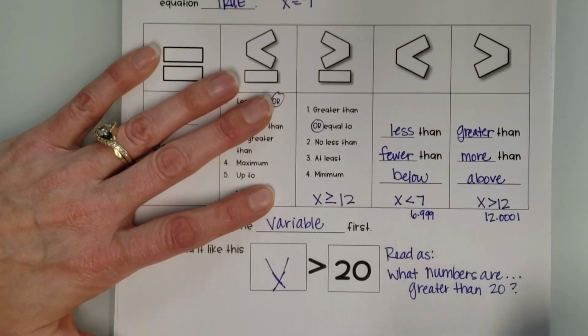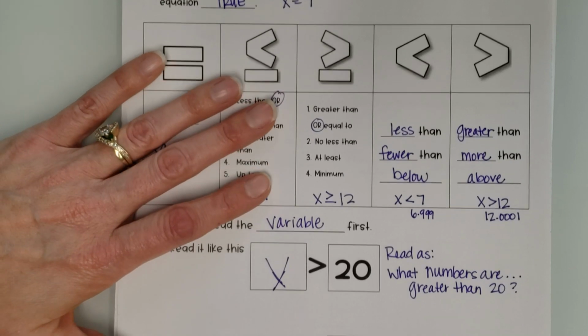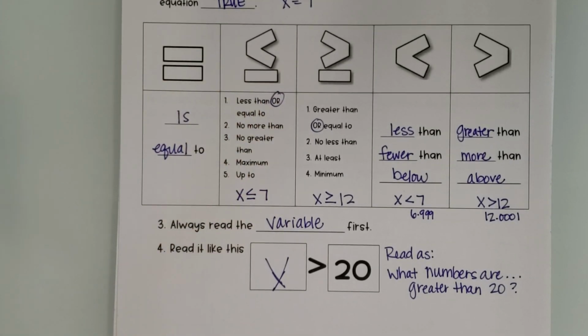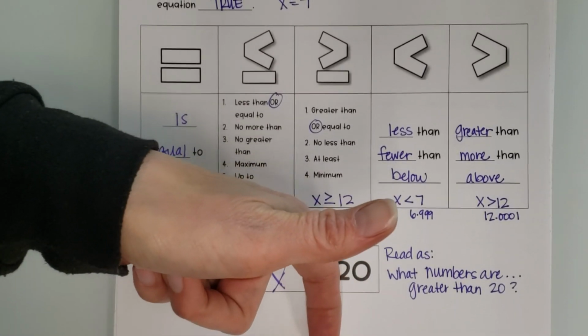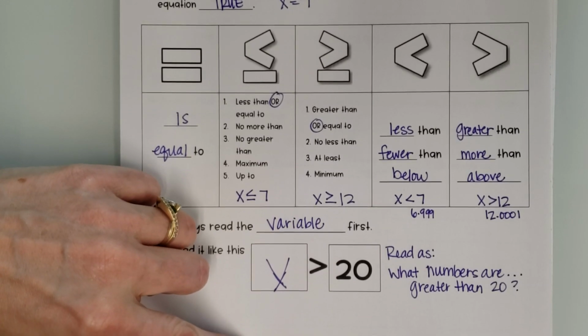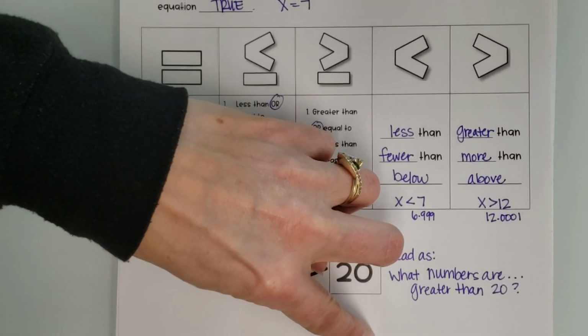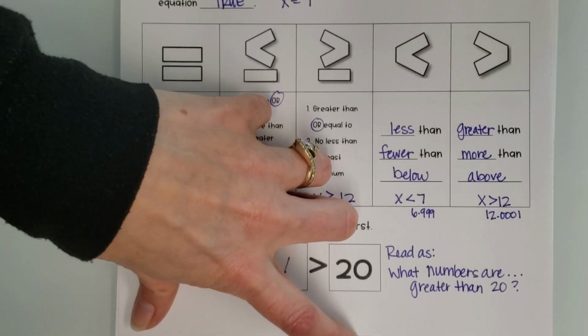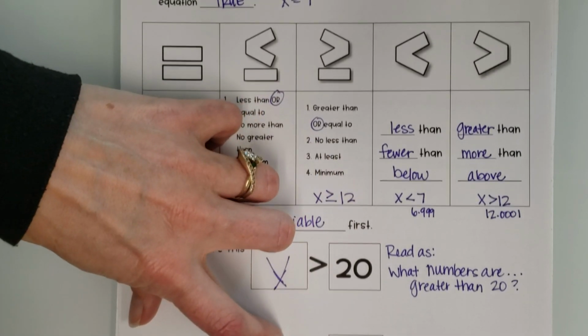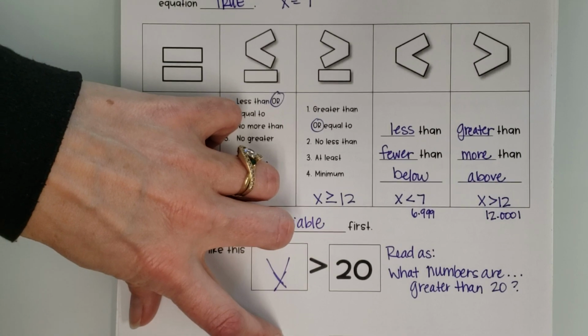Now you could read it from this way. I know we've always taught you to read from left to right, but sometimes it's easier to read from this way, as long as you read it with the symbol being the opposite. Reading left to right, this is less than. If I come over here and read from the variable, I'm going to read x is greater than, or what numbers are greater than negative 8. You can't still say less than there.